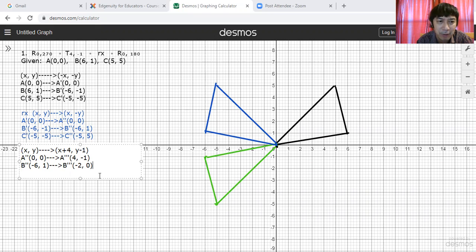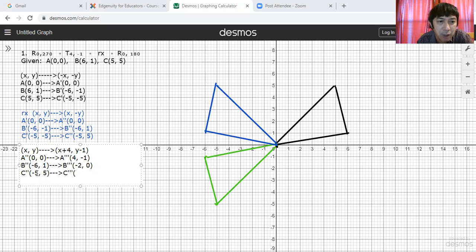Let's proceed to the next process coming from C double prime. The data there is from the point over here, negative 5, 5. And then we're going to map this to C triple prime. Let's compute. Our rule is x plus 4.